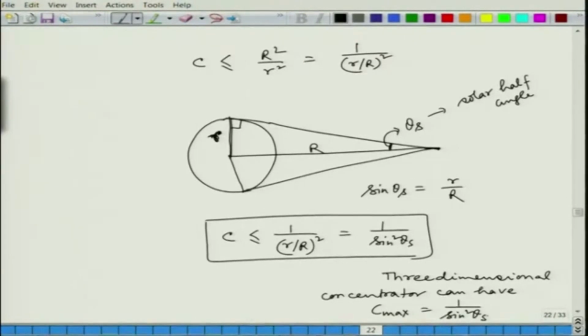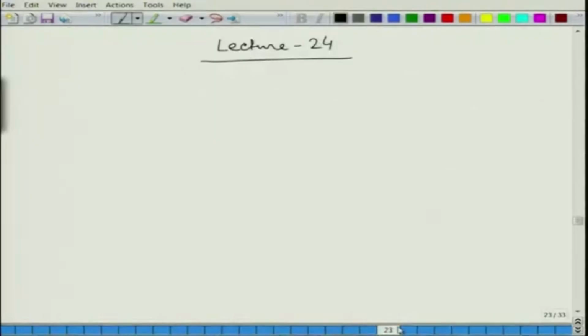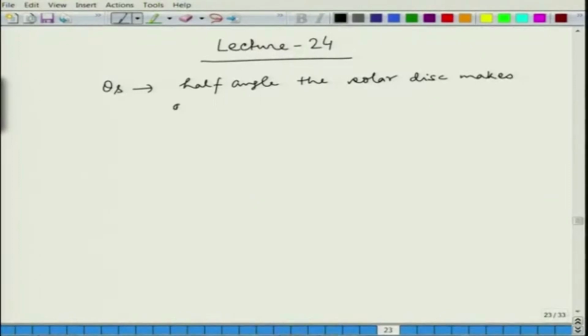That means theta s is the half angle that the solar disk makes on the surface of the earth. Let me just repeat it, it is the half angle the solar disk makes on the surface of the earth.